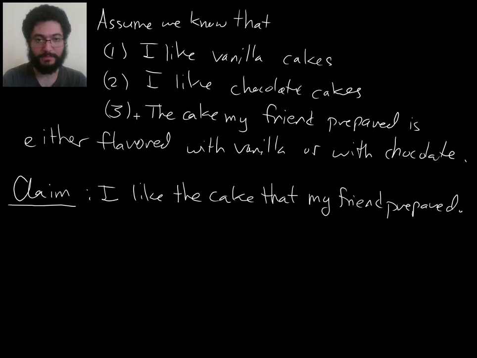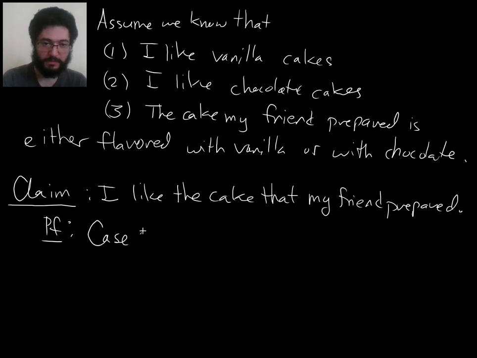It takes the form phi or psi for some propositions phi and psi. So somehow I need to use this to prove the claim. To do that, I will use proof by cases. So here's a proof of the claim. Case 1. There's a case 1, and there's a case 2.